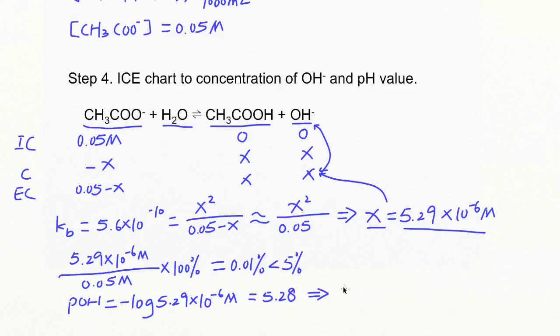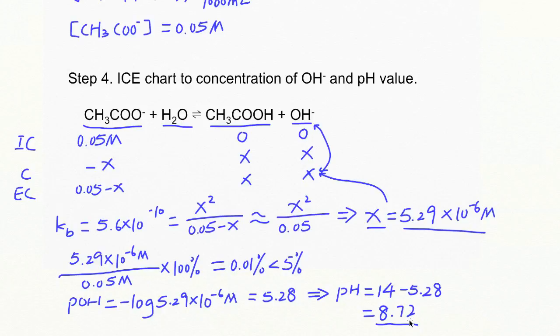And based on this, the pH value equals 14 minus 5.28, and that is 8.72. As you can see, the pH value is higher than 7.